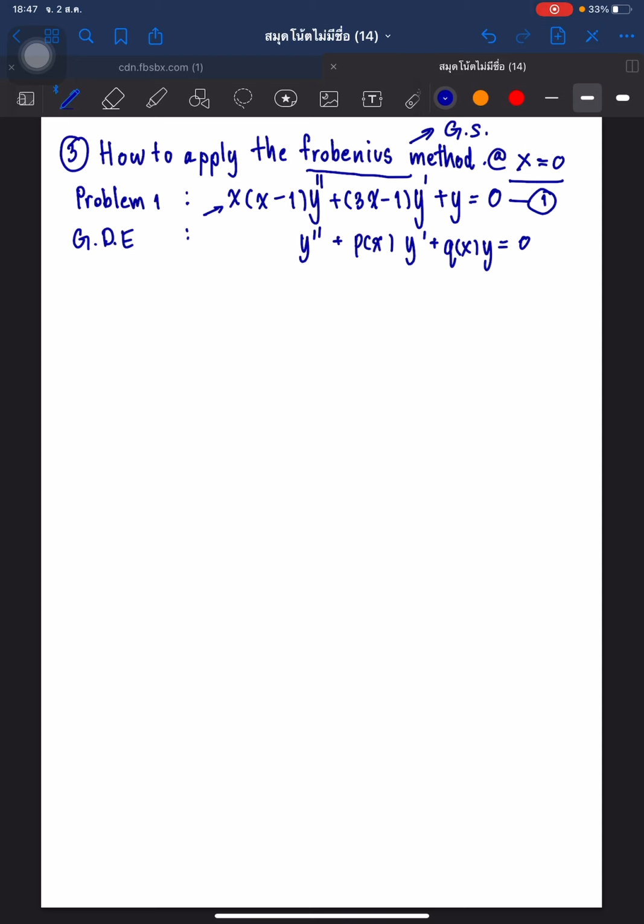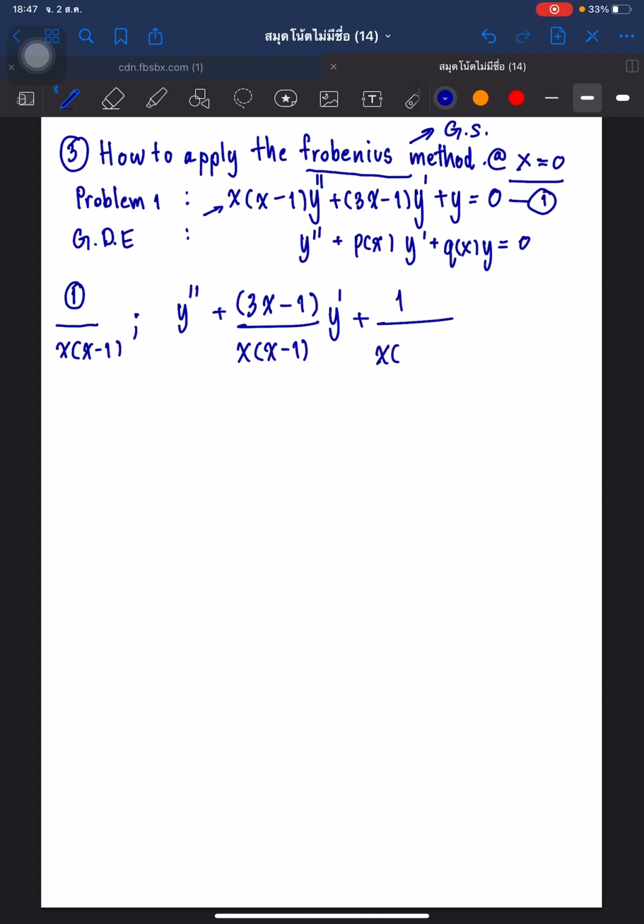the analytic functions first. In equation 1, we divide by x(x minus 1). We get y double prime plus (something) divided by x minus 1 times y prime plus 1 divided by x(x minus 1) times y equals 0.